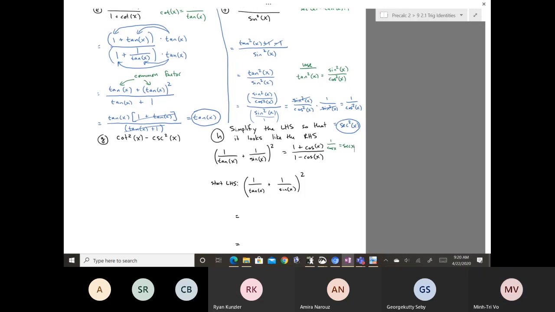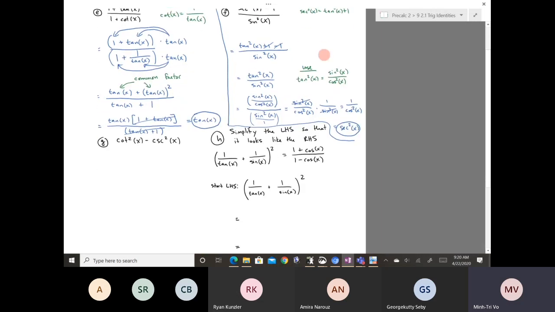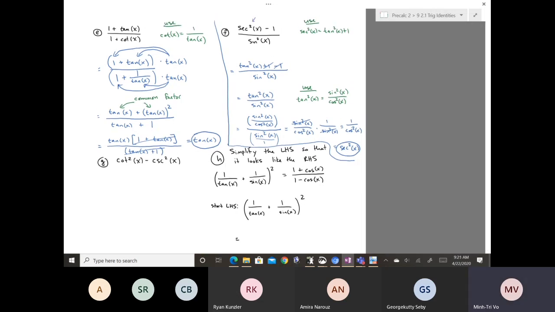So let me not confuse it with the other one. Okay, so that's example F. And so basically, you might have to just continue looking for different identities until you can't simplify the expression any further.